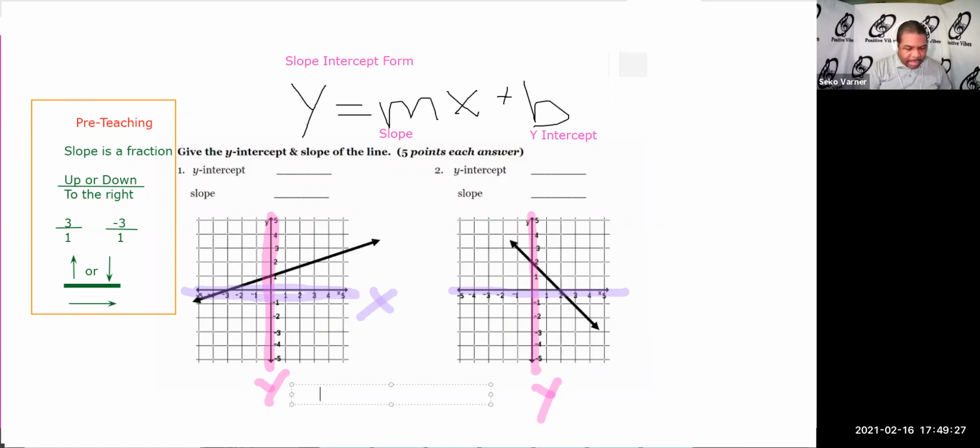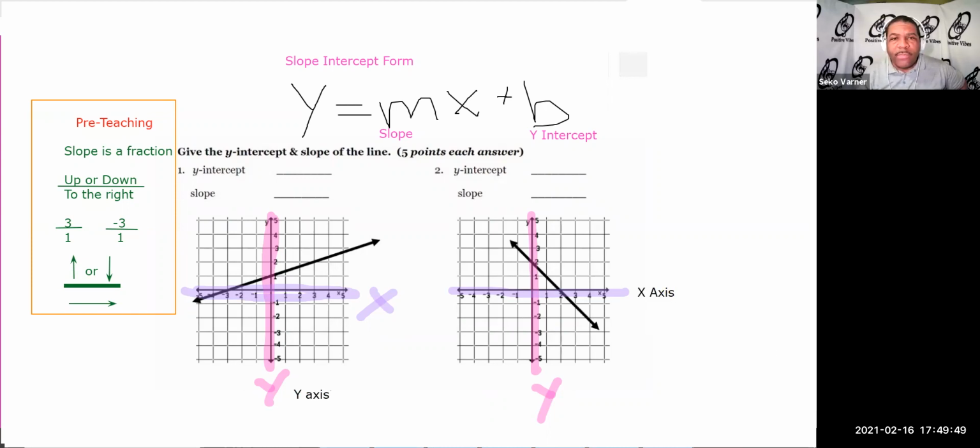This is the y-axis, and this is the x-axis. That's how axis is spelled, okay? Good.